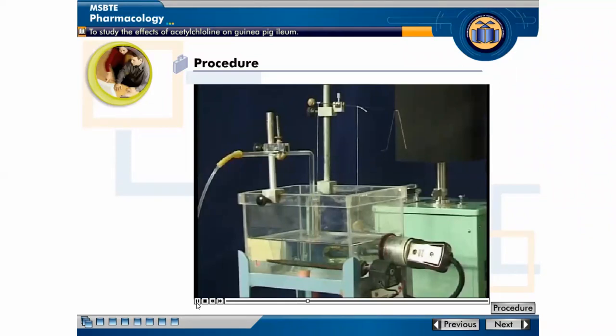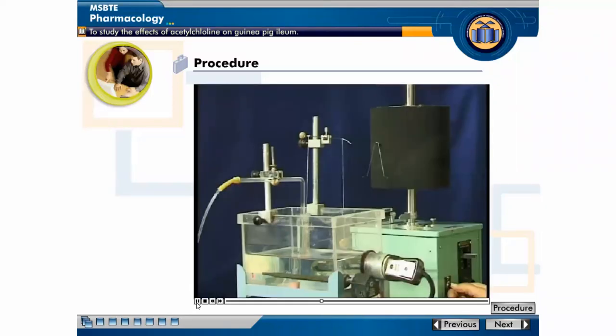During stabilization, wash it with fresh quantity of Tyrode solution for at least 4 times. Start the drum and take baseline for about 30 seconds on smoked paper. You will see guinea pig ileum under normal condition shows pendular rhythmic movements.